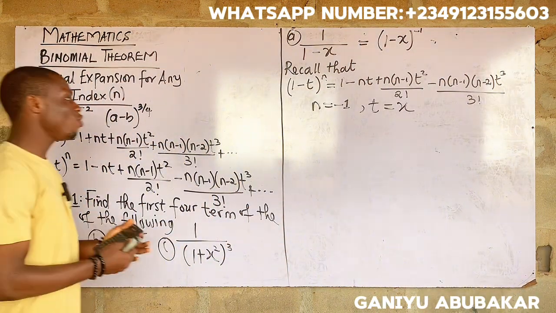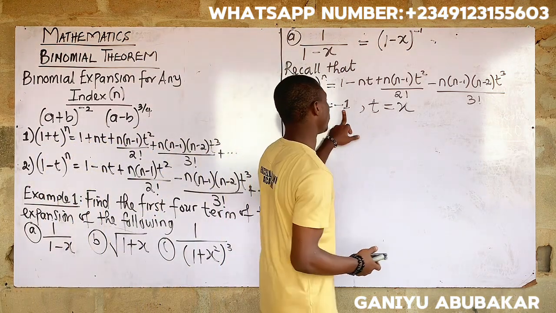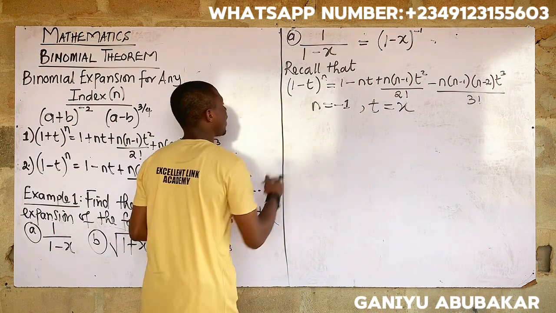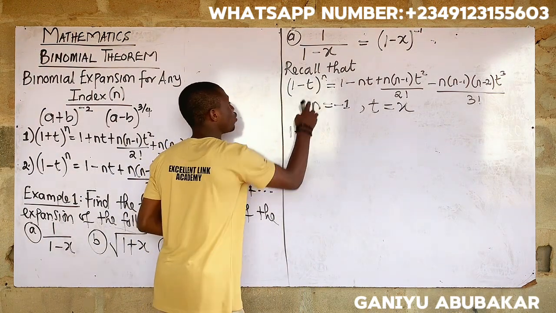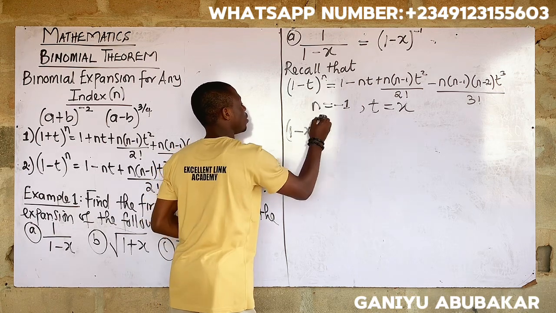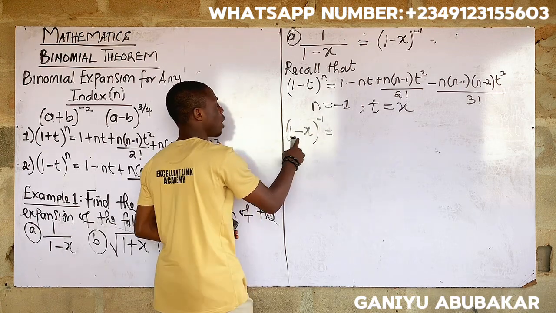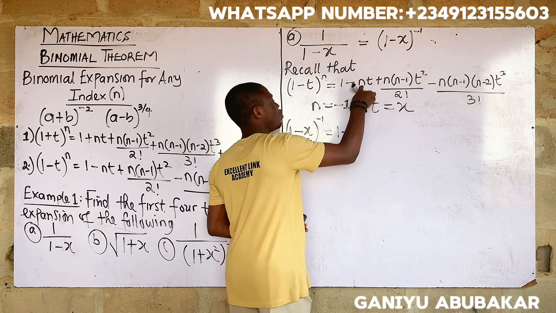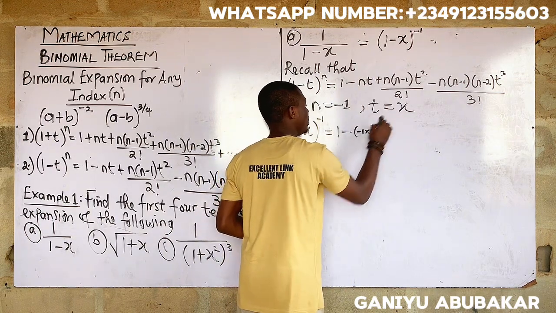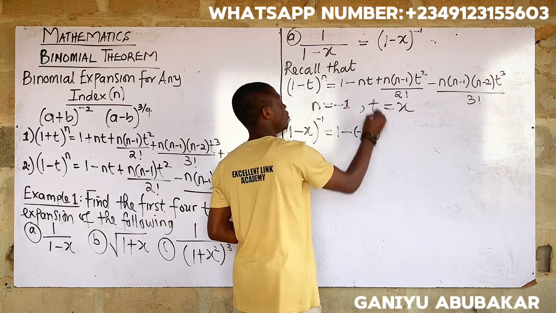So I'll put n as minus 1 and t as x in this expression, and that's all. If I expand 1 minus x all to power minus 1, I'll have 1 minus nt: n is minus 1 times t, x. That's for this one.